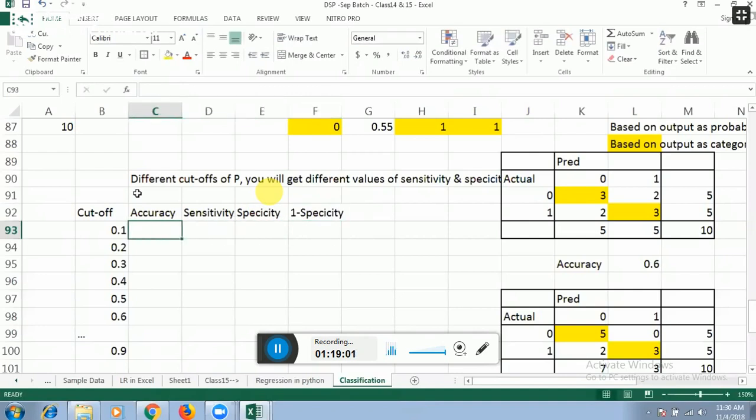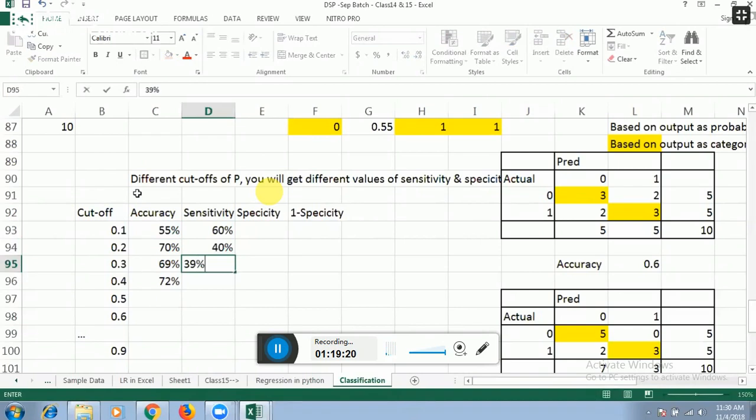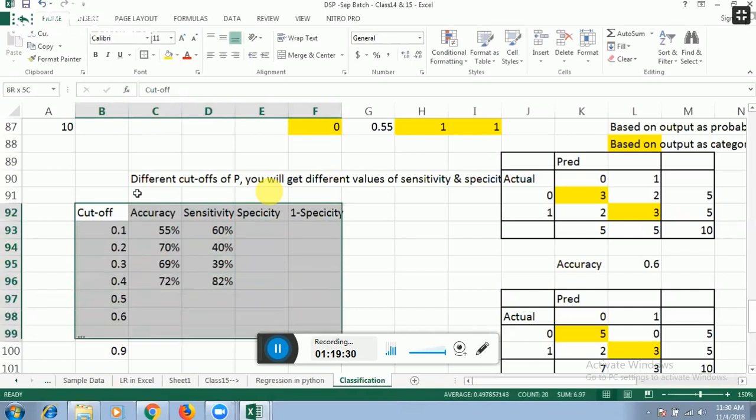Suppose I got the accuracies here 55%, and here 70%, here 69%, here 72%, something like this, and similarly here 60%, here 40%, here 39%, here 82%. Then I can get the table for cutoffs and sensitivity, specificity and accuracy metrics.